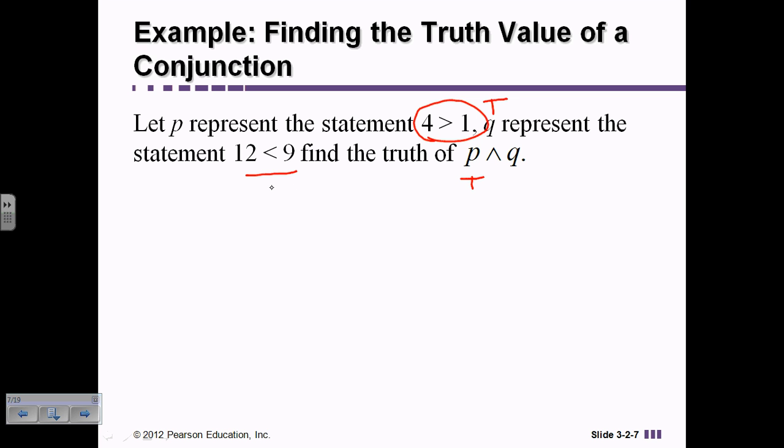Well, 12 is not less than 9, so that's a false statement. So we have the symbol and between the P and the Q, which means that both statements must be true to end up with a true result. So since P is true but Q is false, your result is false.